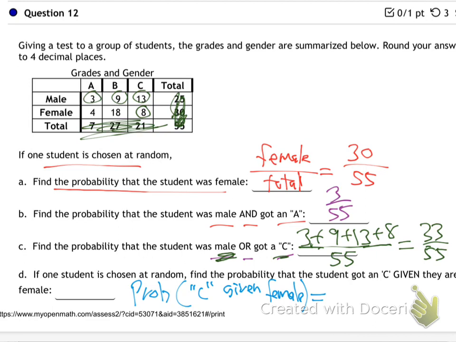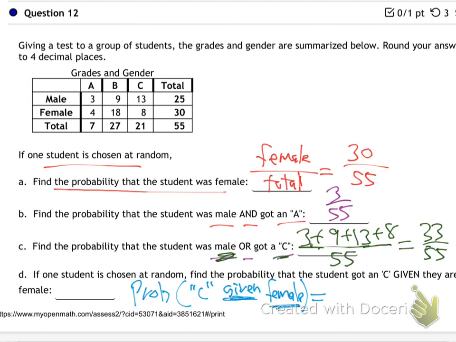That's what we're going to talk a ton about on Wednesday, is given. So this is our brief introduction. If you grab somebody at random out of this group, what is the chance that they're somebody who got a C, given that they're a female?